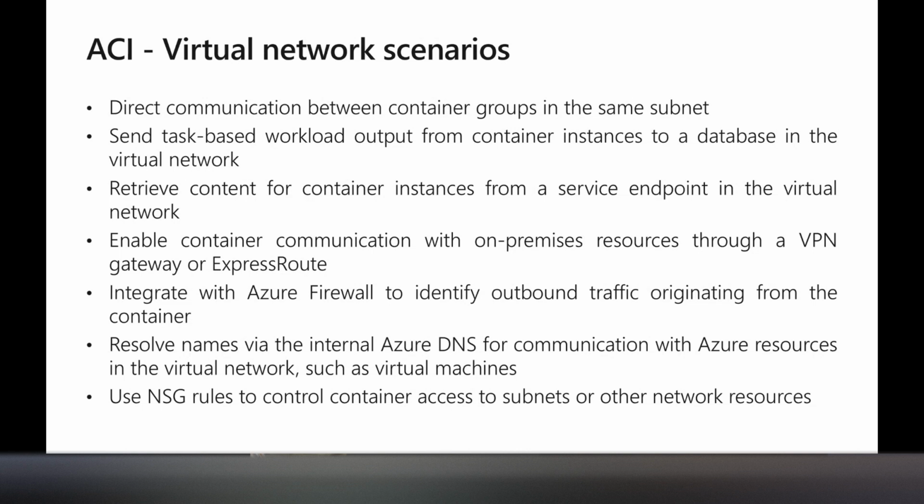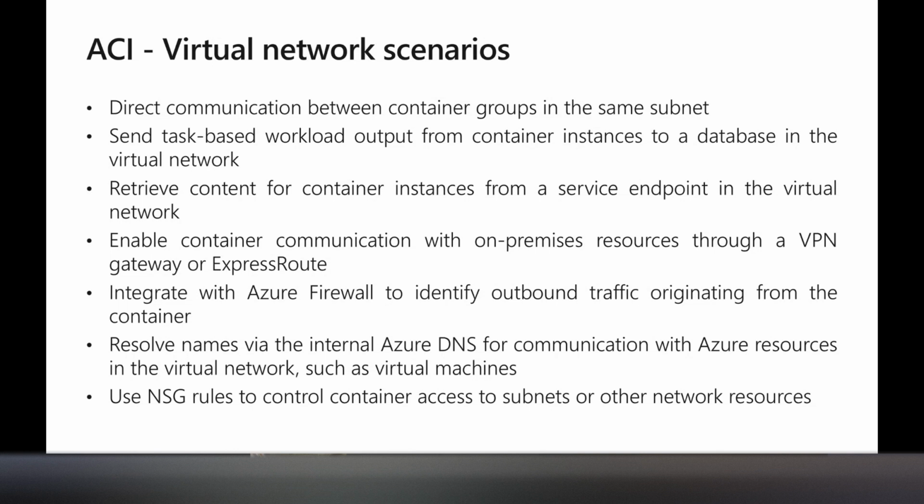And let's say it needs to access some information from your on-prem. If that VNet is connected to on-prem using ExpressRoute or site-to-site VPN, then it will be able to access that data from there. That's how enterprise customers can take advantage of that.